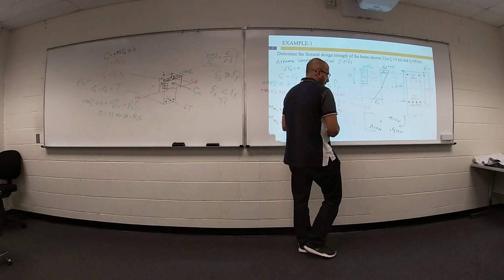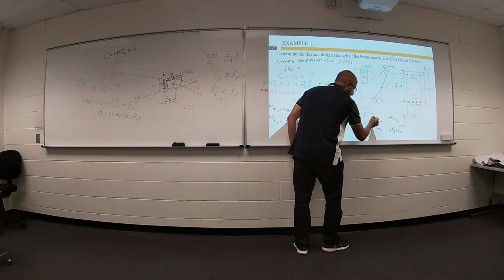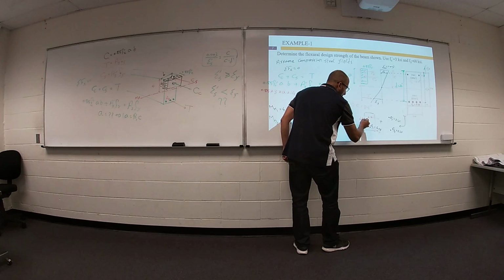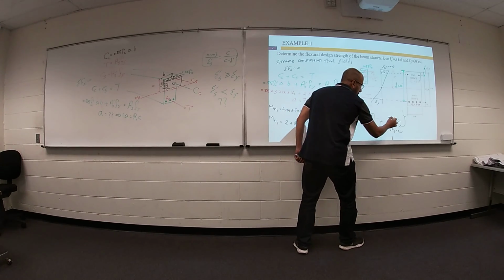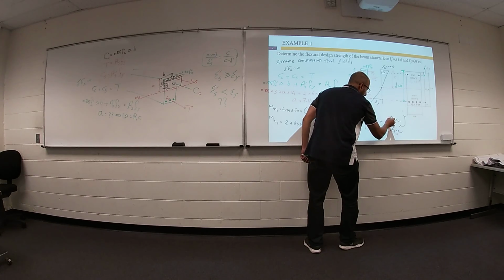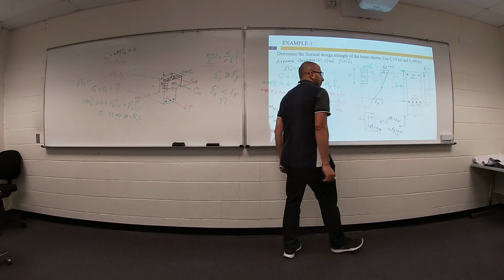First one, your compression here and your tension here, the distance in between d minus a divided by 2. Your compression here and your tension here, the distance in between d minus d prime. This is the meaning.